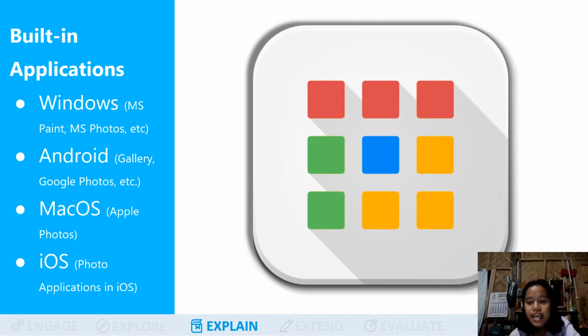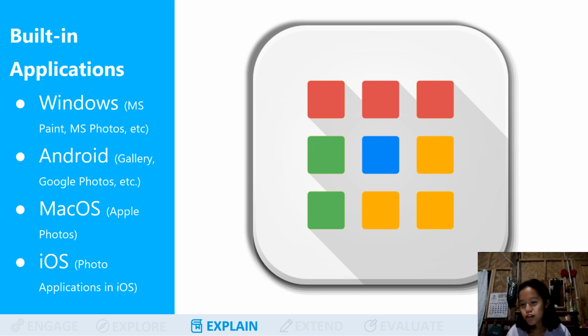When we say built-in applications, these are the apps that are already downloaded in your gadgets. When you buy a gadget, you don't need to install or download it because it's already there.